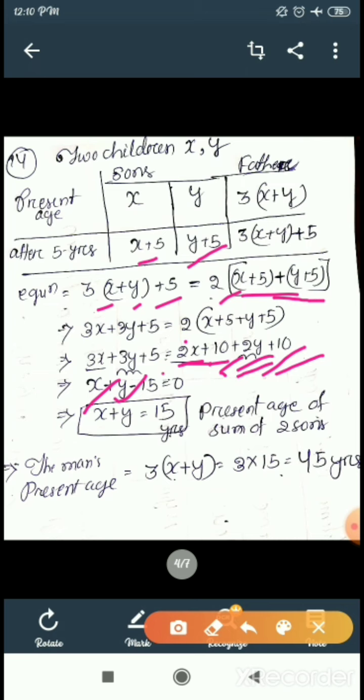The 5 and the two 10s will come to this side, so it will become minus 15. x plus y minus 15 equals 0. Therefore x plus y equals 15 years.